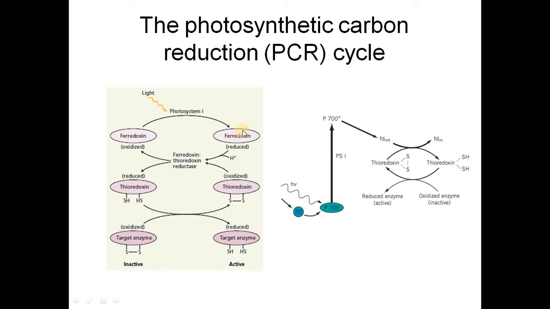which will convert NADP plus into NADPH. When that happens, another enzyme will activate an enzyme called thioredoxin, and the oxidized state of thioredoxin will then convert Rubisco from its inactive state to its active state.